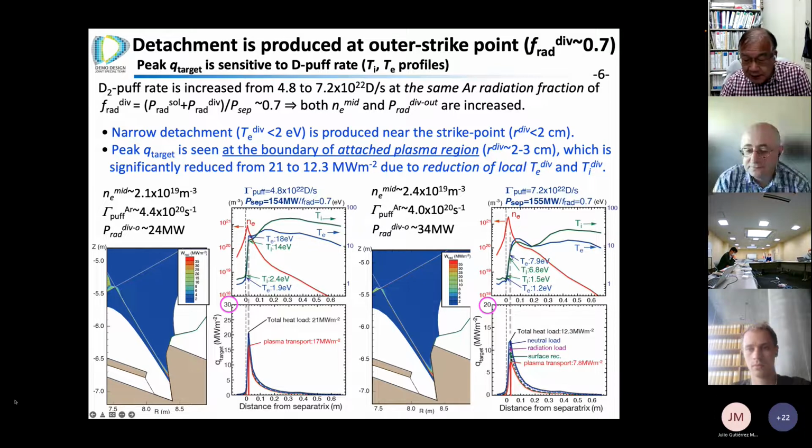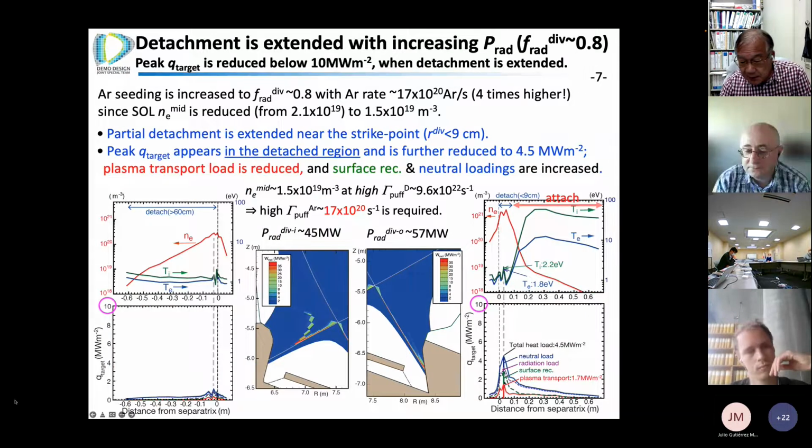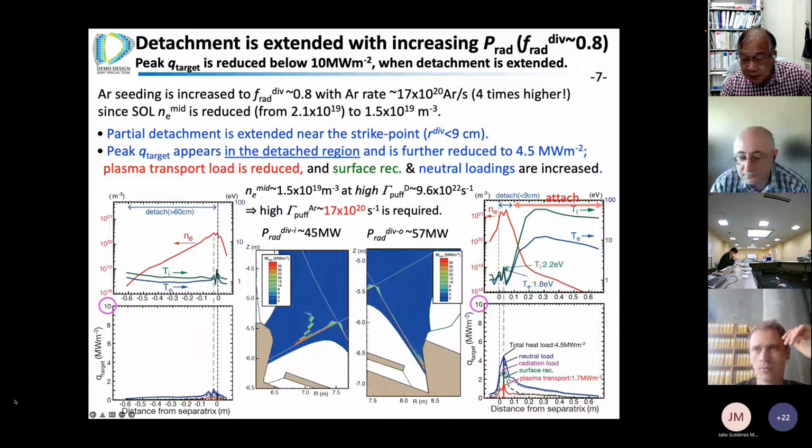In the detachment case, this is surface recombination, because it is not charge exchange. So mostly the charge exchange is included in the neutral load, and the volume recombination part as well. So the influence of the neutral load is like here. This is one of the questions, but it's not major.